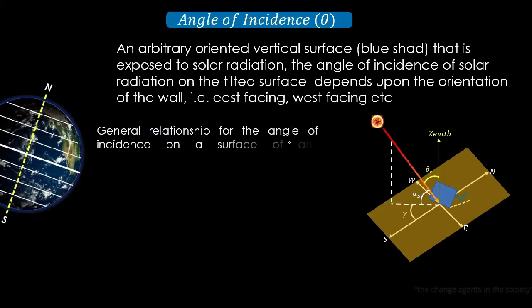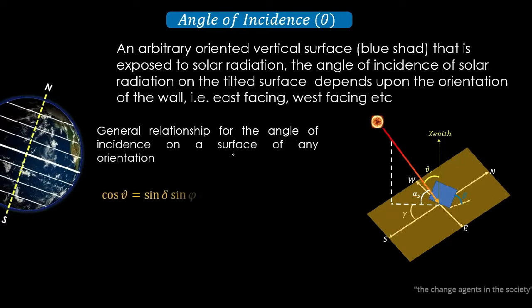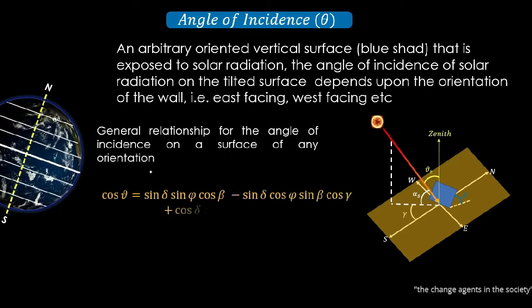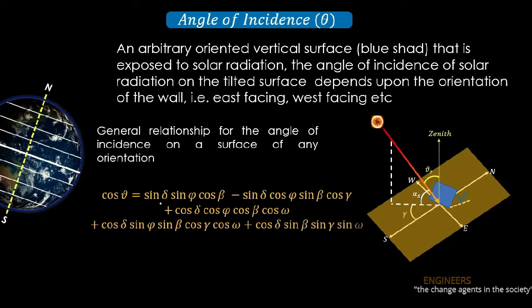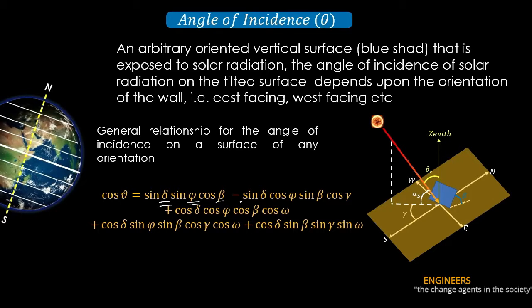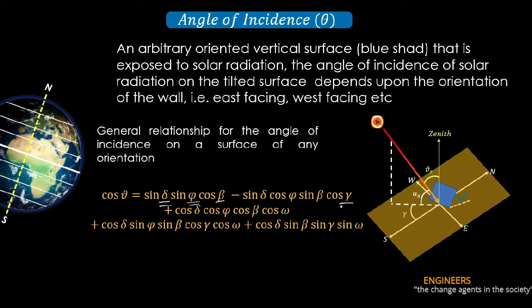The general relationship for the angle of incidence on a surface of any orientation can be calculated by using this expression, where we would be requiring the declination, the tilt of the earth at that very specific day, the latitude of that very specific location, the tilt angle beta, the angle between the tilted plate and the horizontal surface, then the azimuth angle gamma, and the hour angle omega.